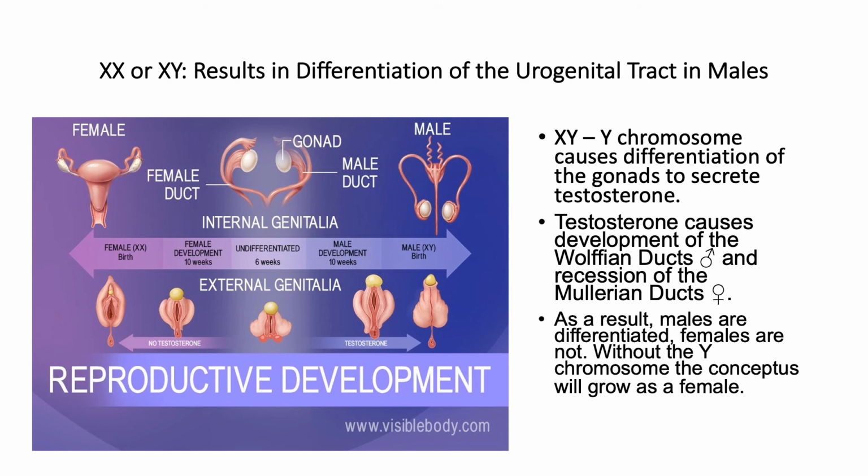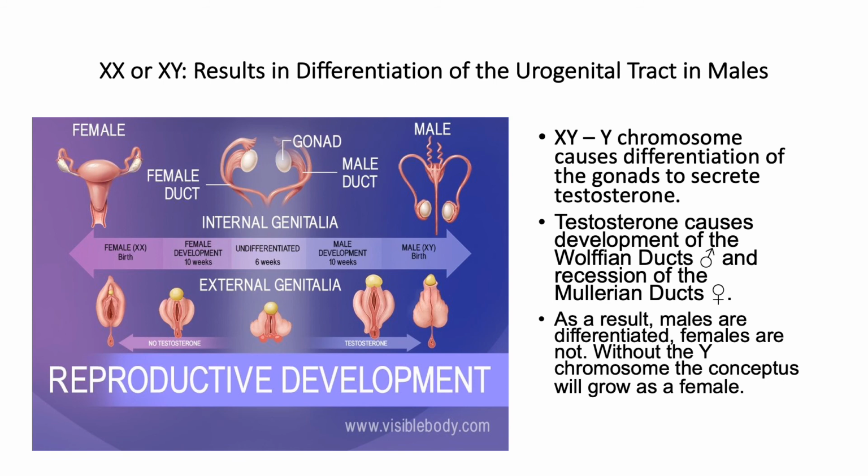So every tissue that you can see in a female urogenital tract and genitalia has an analogous tissue in the male urogenital tract and the male genitalia. So they all have the same structures. They're just developed differently in proportion.